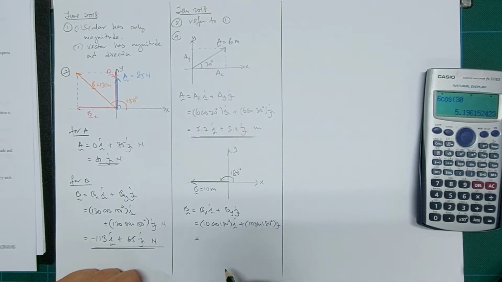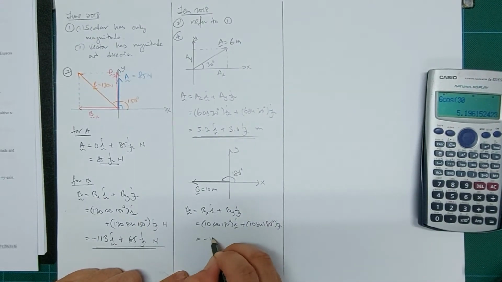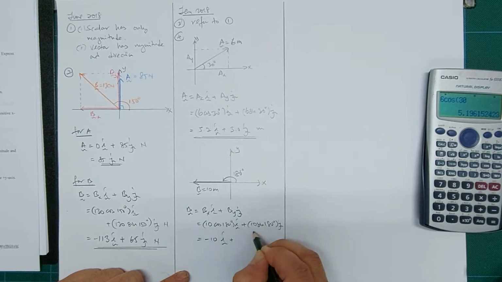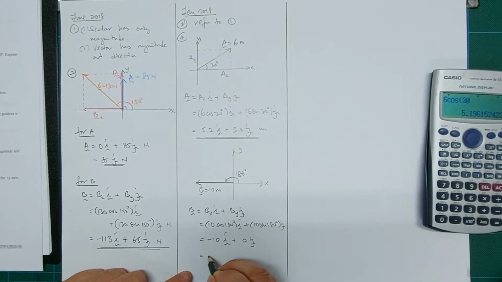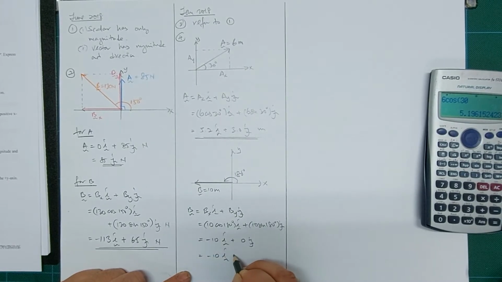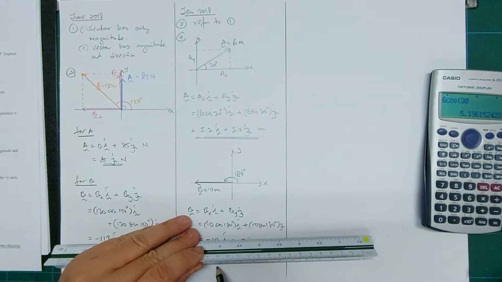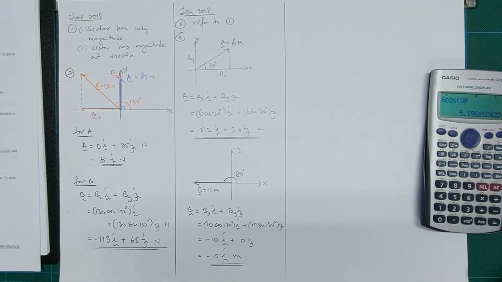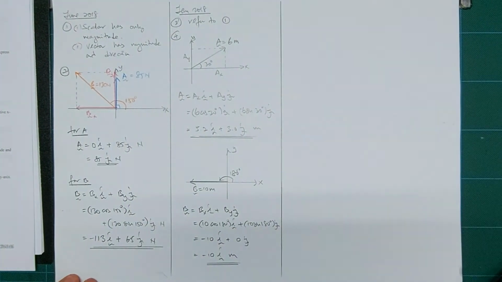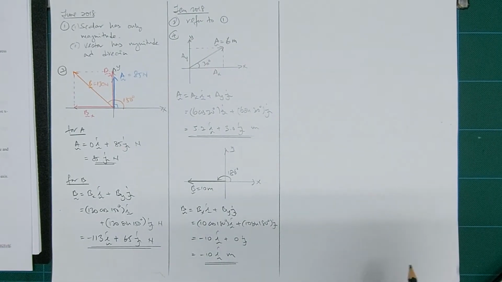Cosine 180 gives negative 1, so you have negative 10 i plus sine 180 which is 0. So the answer for B is only negative 10 i meter. But if you want to be fast, you know that pointing to the left is negative i. So this is our question 4.